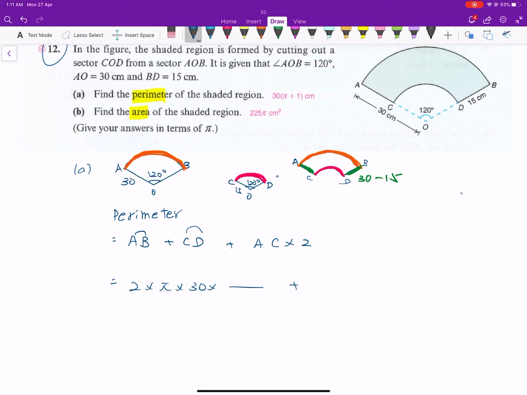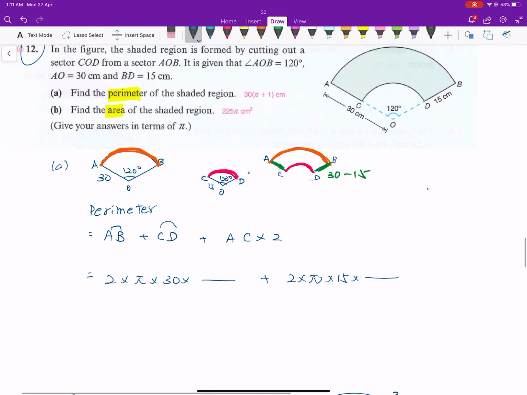And for arc CD, we will use 2 pi, the radius is 15, times the part we need, and then plus 30 minus 15 times 2. So these are some hints for you.